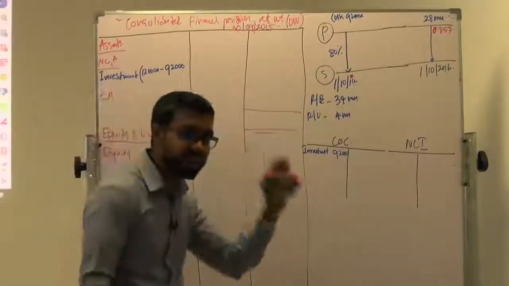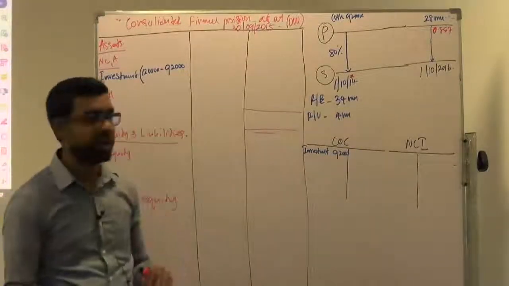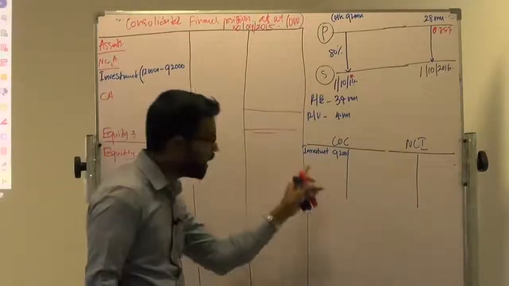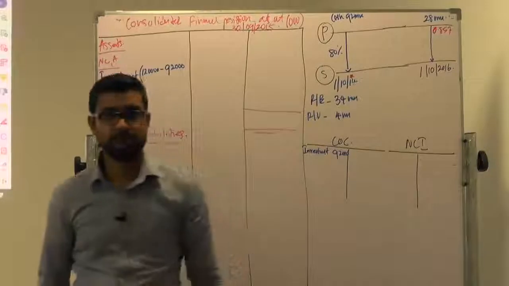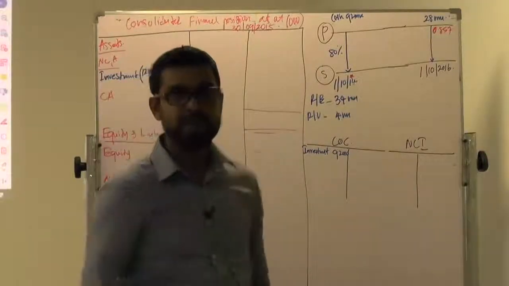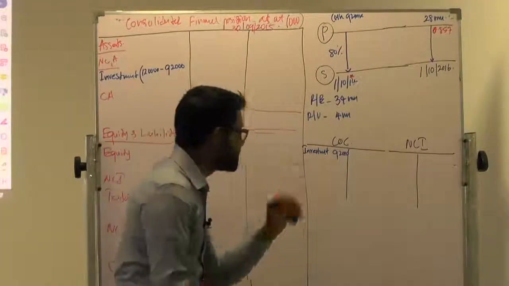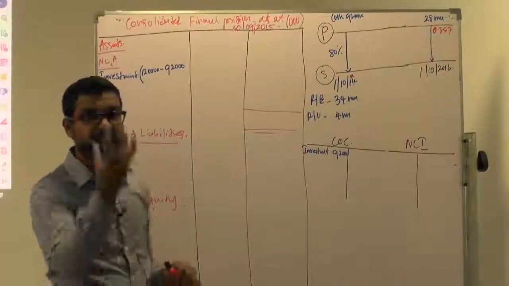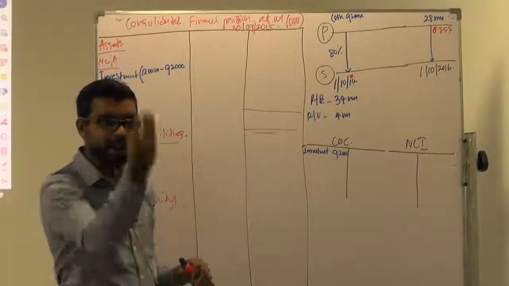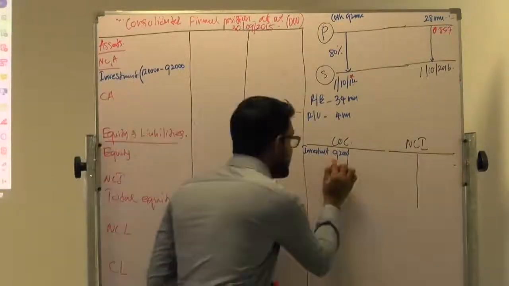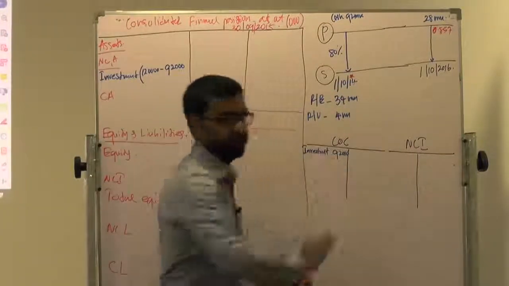You have to pay the current market price to acquire. Here also, you have definitely paid the current market price to acquire 80% of S. The purchase consideration reflects the current value, which means this is at fair value.